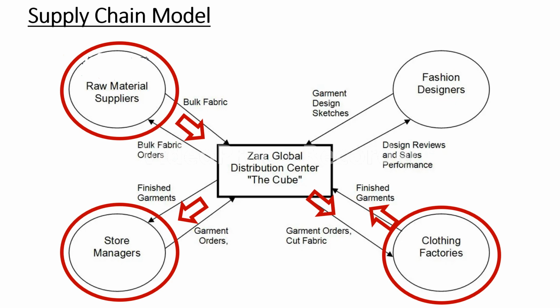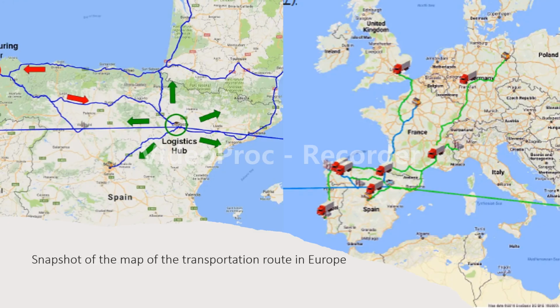Moving on, this is a snapshot of the map for the transportation routes in Europe. With the green arrows, you can see the logistics hub, which they call the Cube, in Spain, and the trucks.